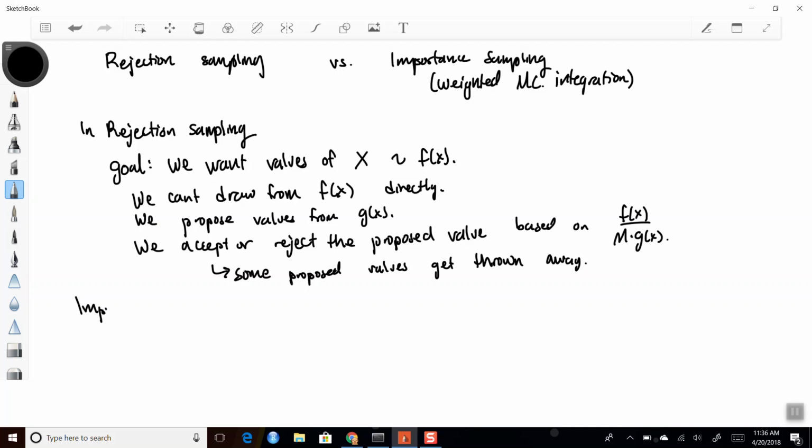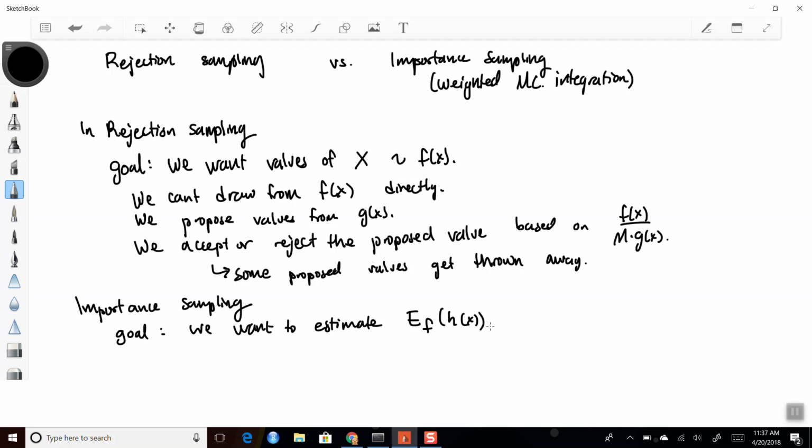With importance sampling, the goal is not values of x. The goal is we want to estimate the expected value of some function h of x, where x comes from f. Now, if importance sampling did not exist, we could use rejection sampling.